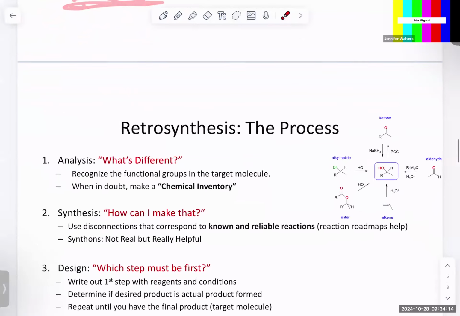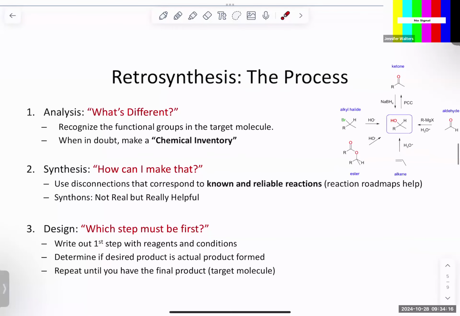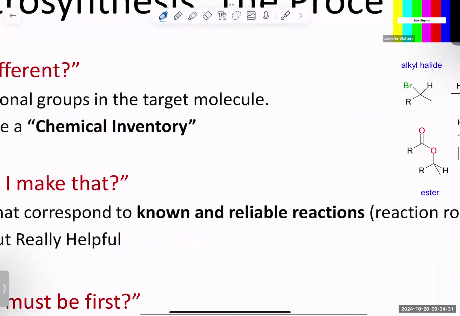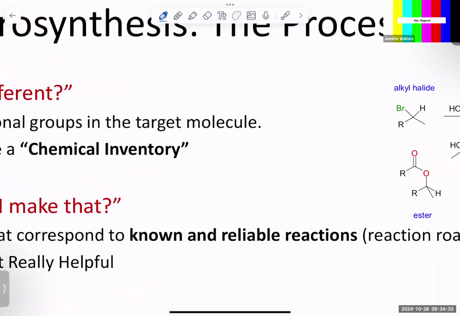All right. So the general process for a retrosynthesis is first you're going to analyze. Ask yourself what is different. Recognize what the functional groups are in the target molecule, and when in doubt, make a chemical inventory. The chemical inventory is where you say, okay, I can't even see what is different just by looking at it initially, so I'm going to count how many of each element I have.